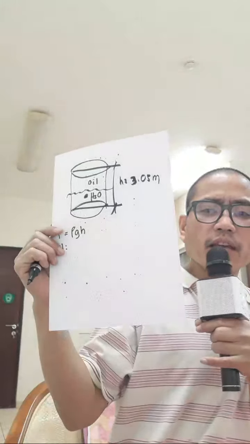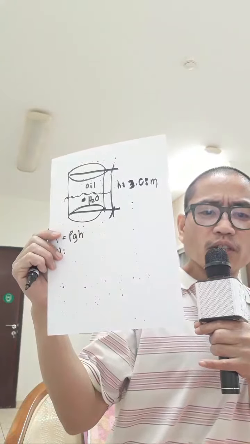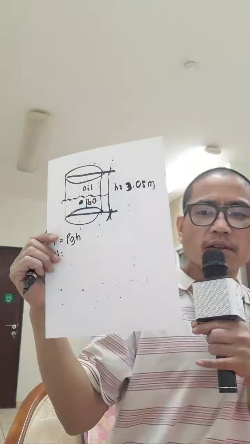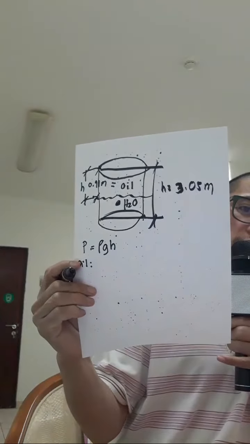It says that the oil is 0.91 meter deep from the top. So that is 0.91 meter from the top. So let's illustrate here 0.91 from the top. Let's say this is the oil height. So this is the height of the oil, 0.91 meters.